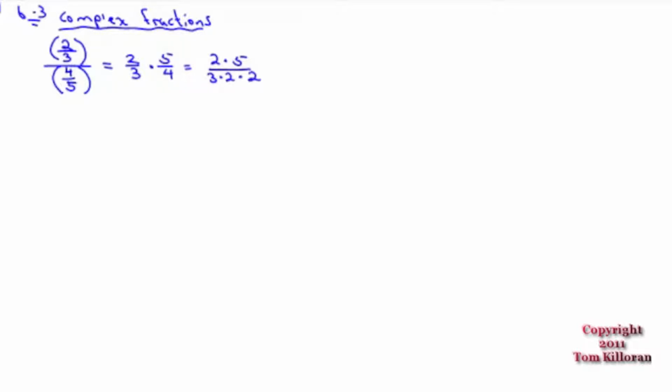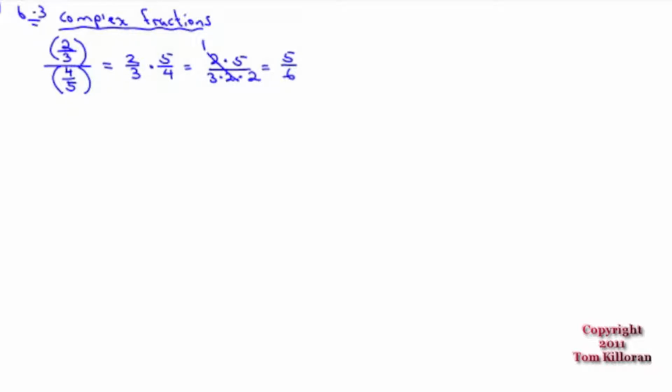So the only thing that's going to cancel is what? The 2's, and when you cancel them, you replace it with a 1. So what's left behind is 5/6. So this is considered a complex fraction, even though it really doesn't fall under what I think of as a complex fraction. It really is one.